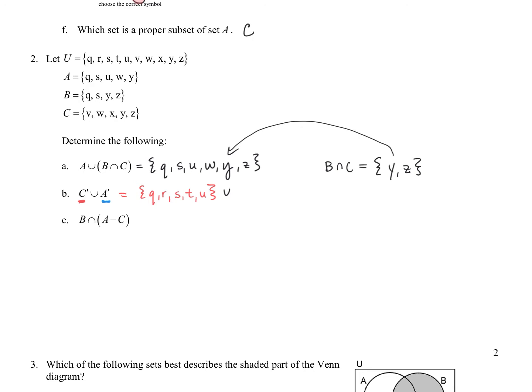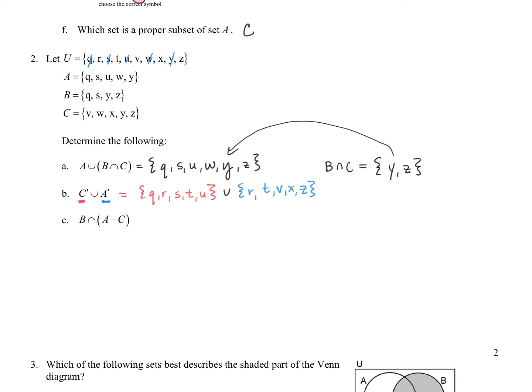Not in A. So A has Q, S, U, W, Y. So everything from the universal set that is not marked out in blue is the elements that are in the set, not A. So that would be R, T, V, X, Z.